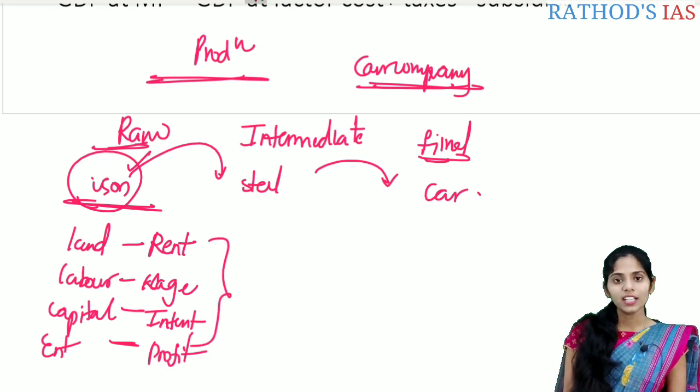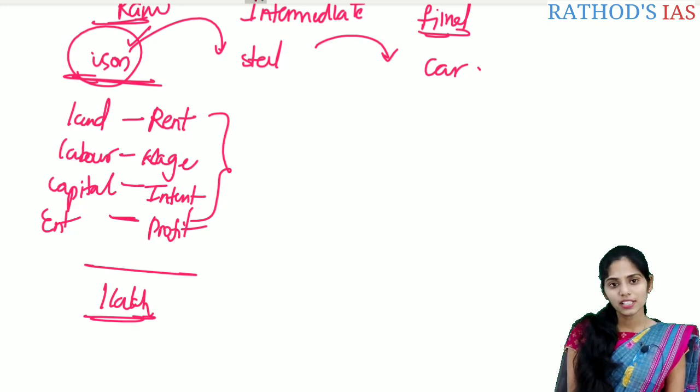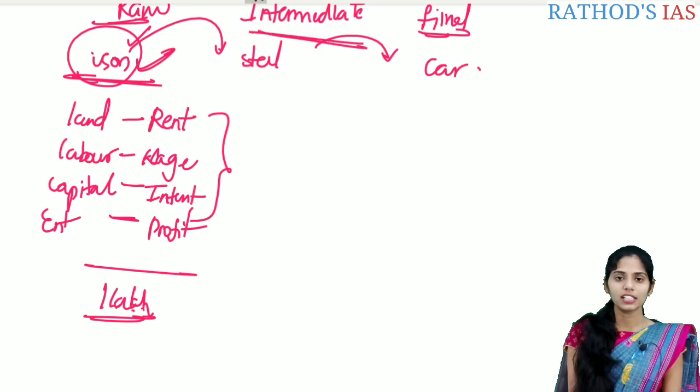So when we add all these costs, let us assume the cost of the iron ore at last will be 1 lakh rupees. So the owner of this iron ore sells this 1 lakh rupees of iron to an intermediate, that is a steel company.